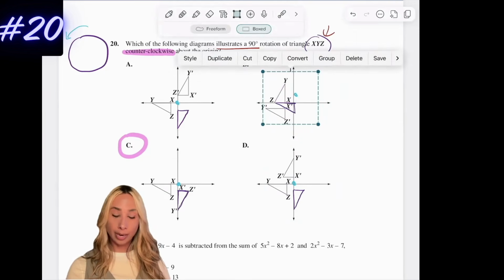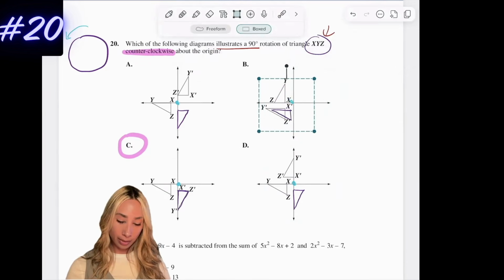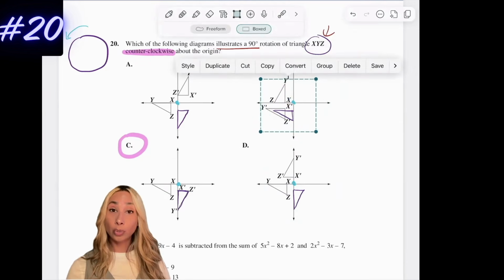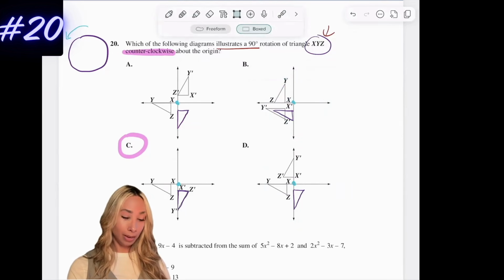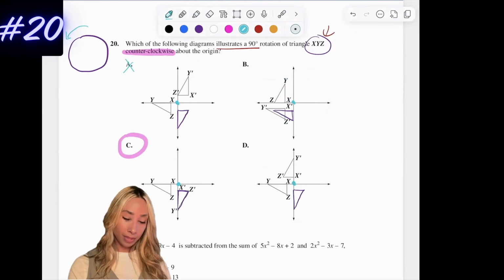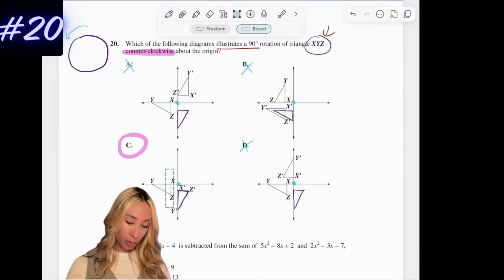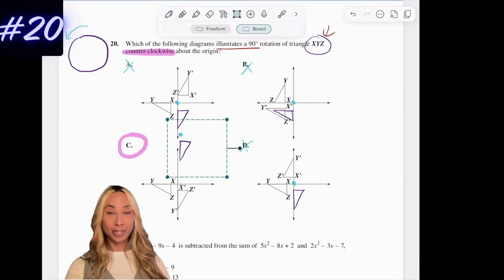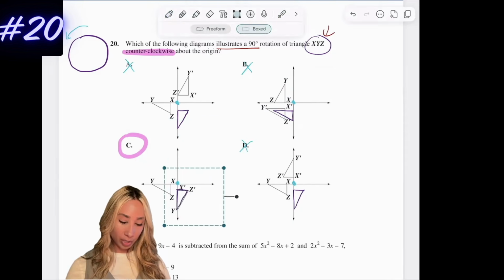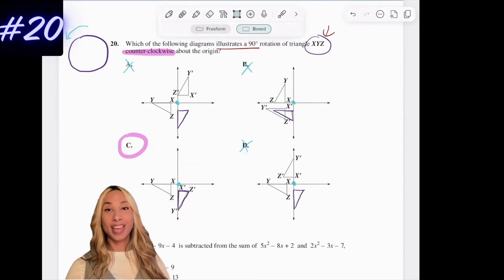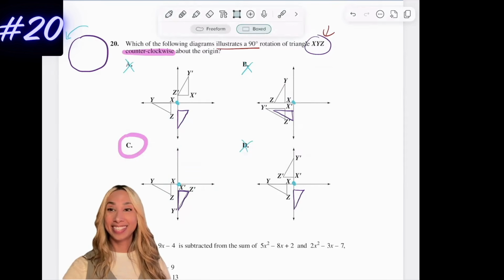Just one turn is 90 degrees, and I line up the origin again. It's really close, but not quite. That is really sneaky. So the answer that I got for this one, the only one that matches up is C. I'll move it away and you can see there's the original part of the question, and there's the new one. So that is our answer for this one.